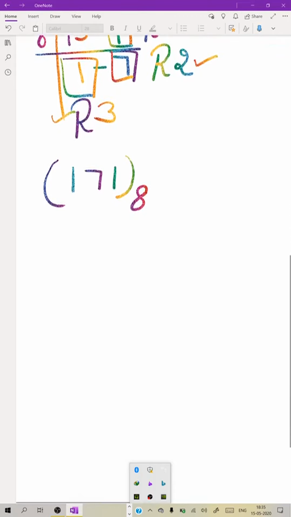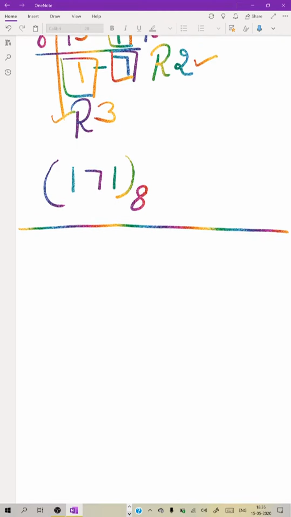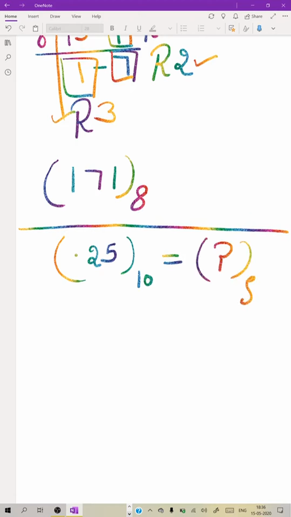And we can also do this question with a fraction point. For example, my value here is 0.25 decimal, convert it into octal. Again it is the same as binary fraction.